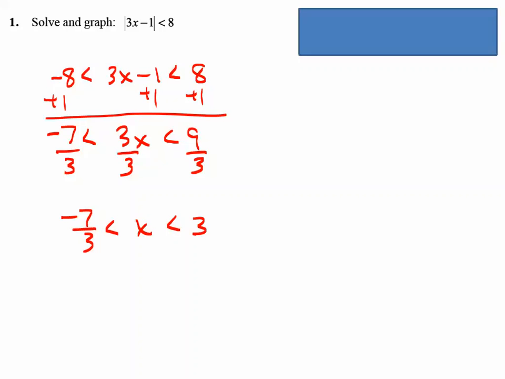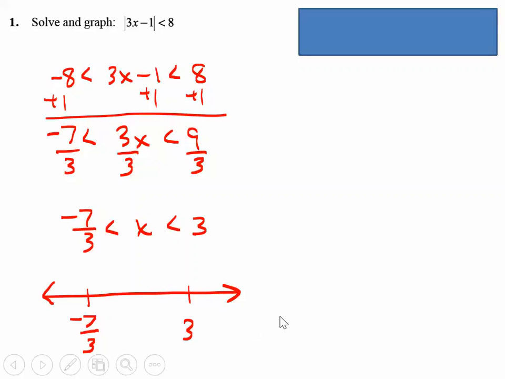So can we graph this? Absolutely. Let's put a graph together here on the bottom. Negative 7/3 is going to be right here. Positive 3 is over here. And again, short notation for AND, so easy. The question for you is parentheses or brackets? I got parentheses, because it's a less than symbol.